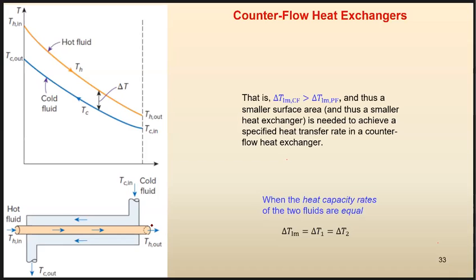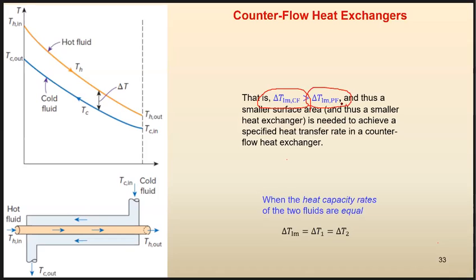If instead of parallel flow, you arrange a counterflow for that heat exchanger, for double pipe, for example, the log mean temperature is going to be larger than the log mean temperature for the parallel flow arrangement.